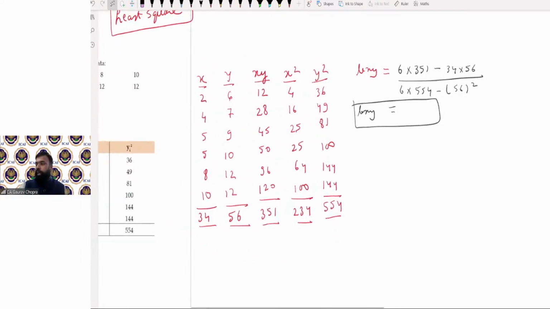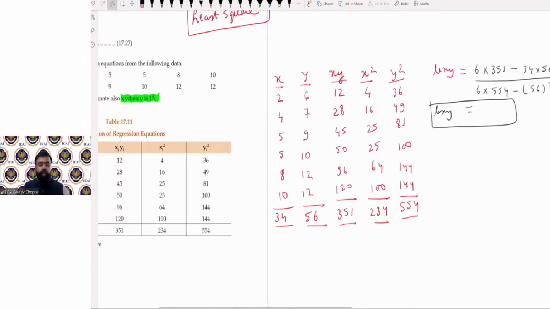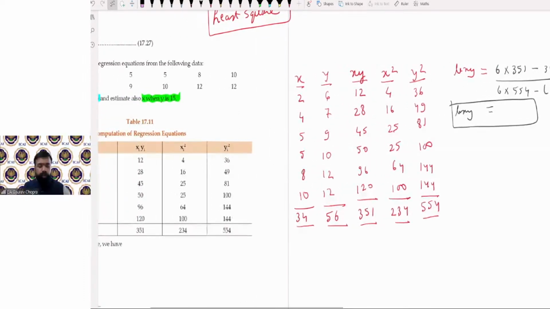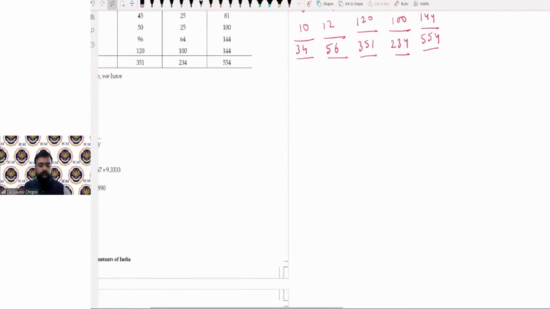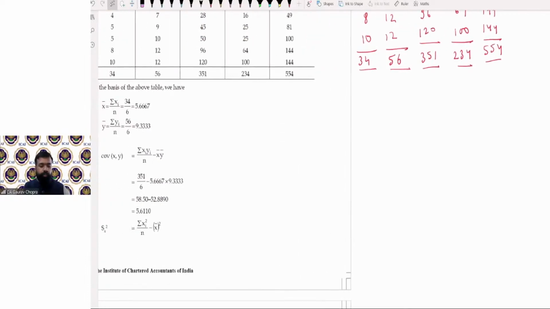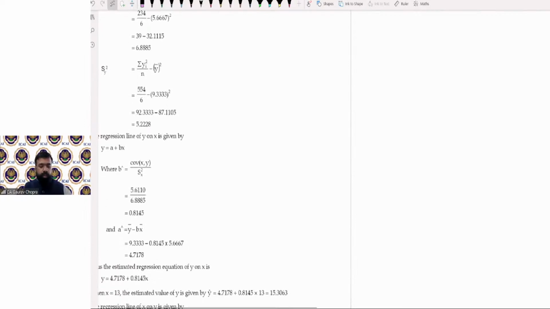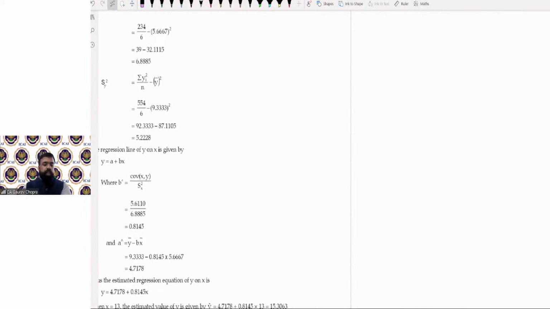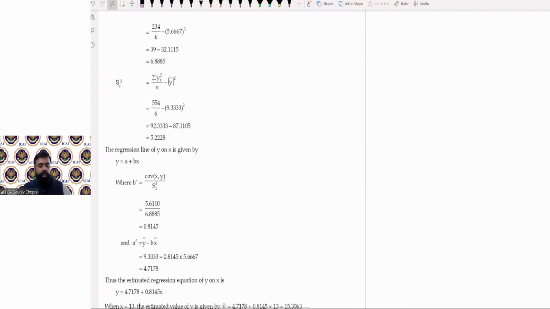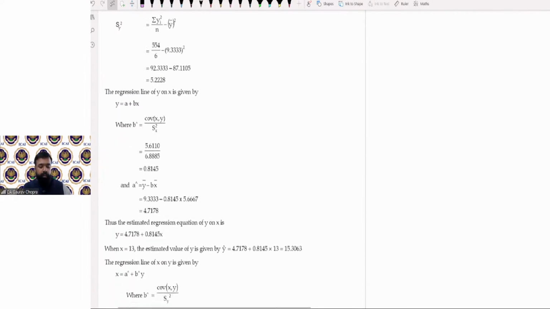So let's simplify and give the result. So what is the value of bxy? Come on everyone, you can find this out. Then at last we will check from book also. Okay. You have to find out the value of bxy.